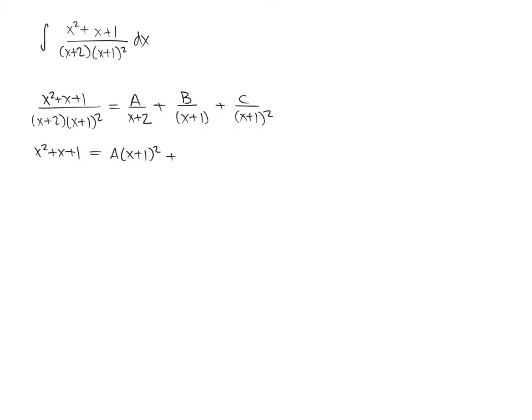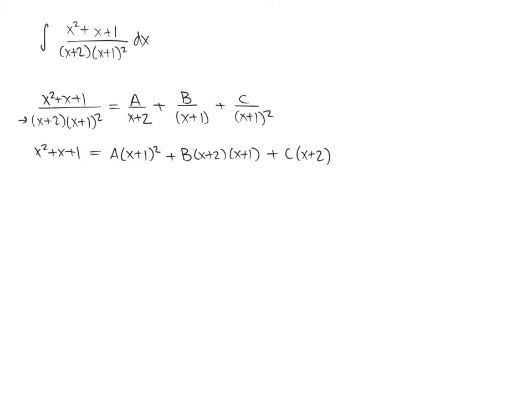And remember, we're multiplying by the denominator on both sides. b is getting multiplied by x plus 2 and an x plus 1. Very good. And the c will be multiplied by x plus 2.